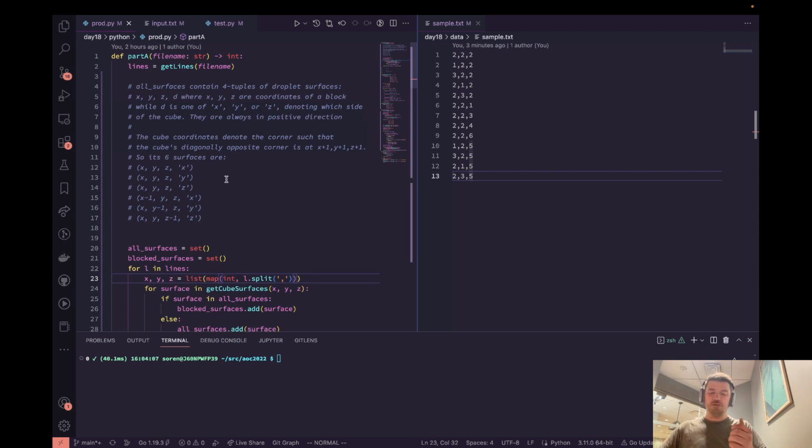So if we have a cube here and this surface here is called X, then the cube that is right next to it, the one right over here, its X surface is the one right here. I don't even know if you can see what I'm doing with my hands, but we'll just pretend.